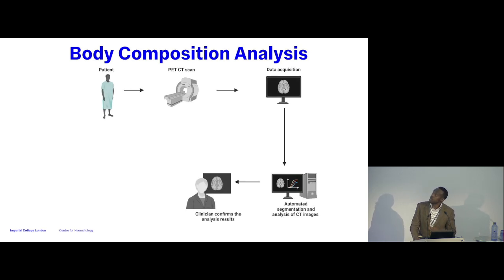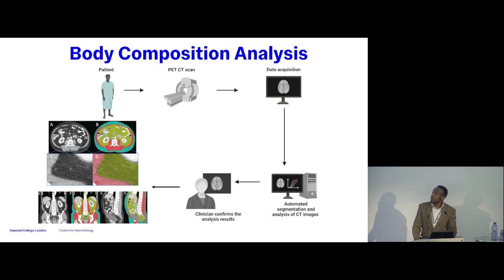Essentially, it starts with the patient having a PET-CT scan, because it's the scan that allows us to scan a patient from head to toe. Following data acquisition, there is computation of the body composition with software, and the results are confirmed by a clinician.